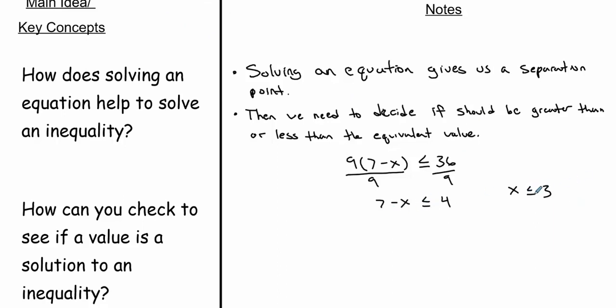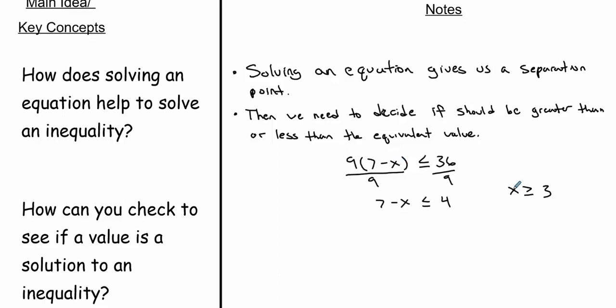So if I put a 2, 2 is less than 3. 7 minus 2 is 5. 5 times 9 is 45. 45 is not less than or equal to 36. So in this case, I'm going to have to change this around so that x is greater than or equal to 3.